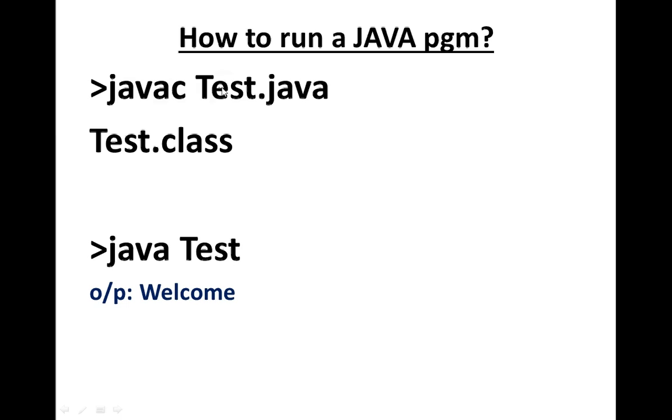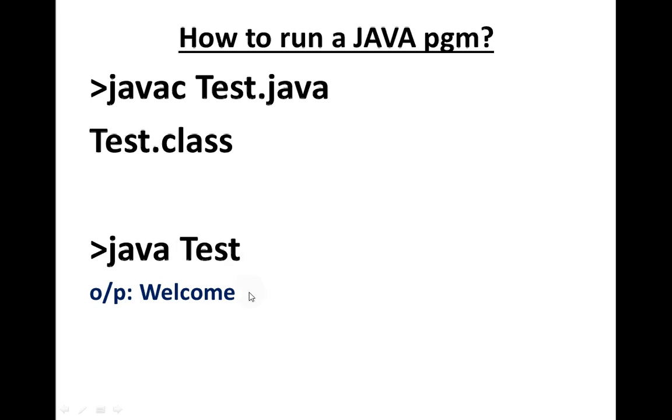This compiler converts the .java file into a .class file, which is bytecode. So I am converting Java code into bytecode with javac filename.java, which creates a class file here. After that we interpret the class file with the Java interpreter, passing the class as argument: java space class name. Now we can get the output.